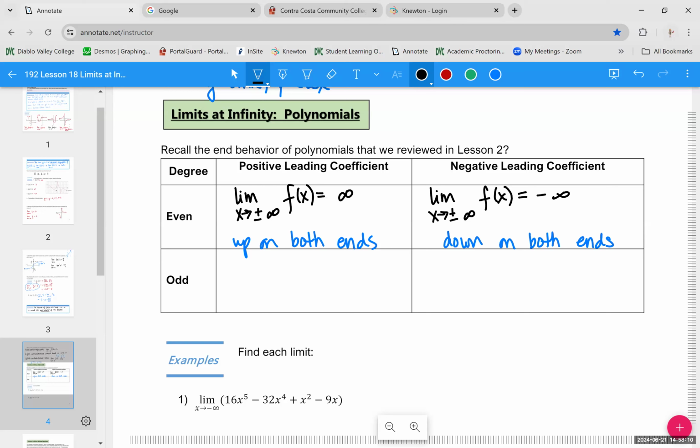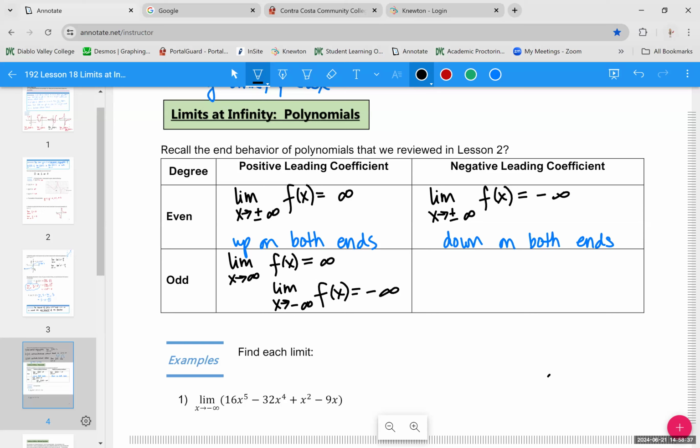And then remember, with an odd degree polynomial, it's up on one side and down on the other. So if you remember, for the positive leading coefficient, that was up on the right. So as x approaches positive infinity, it will approach positive infinity. And on the left, it goes down.